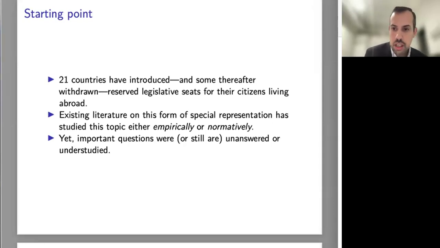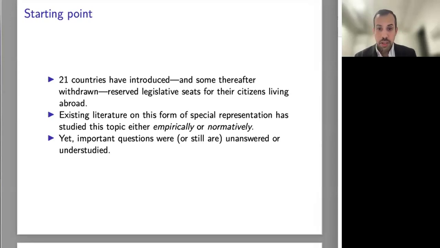Empirical research has examined the enactment, regulation, and/or application of this policy, by employing case study designs, and only one article besides ours does a global comparison. I'm talking about Michael Collyer's article in Political Geography, which I think this audience knows really well.